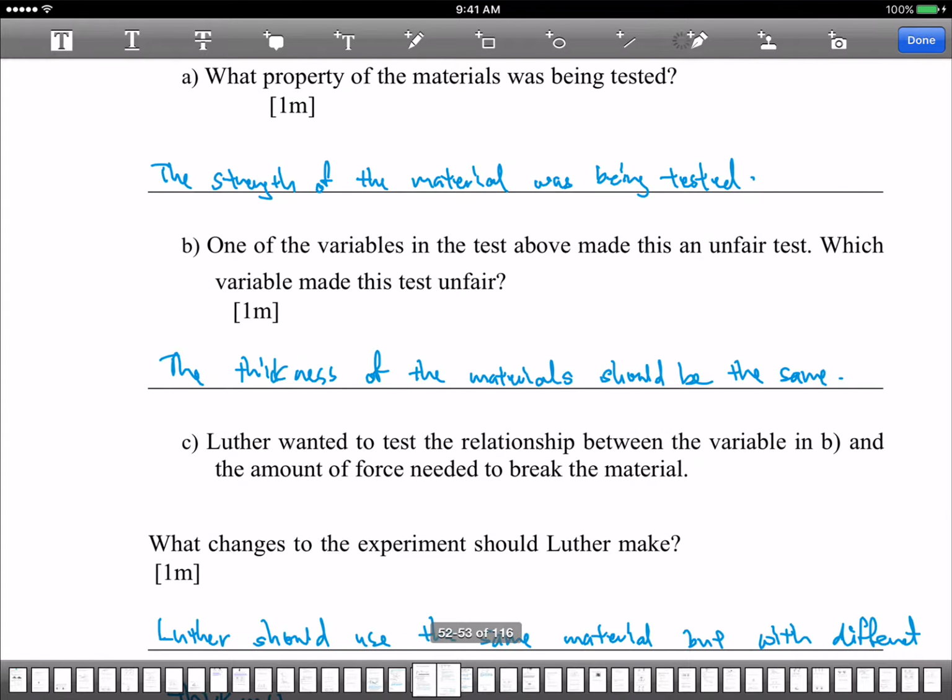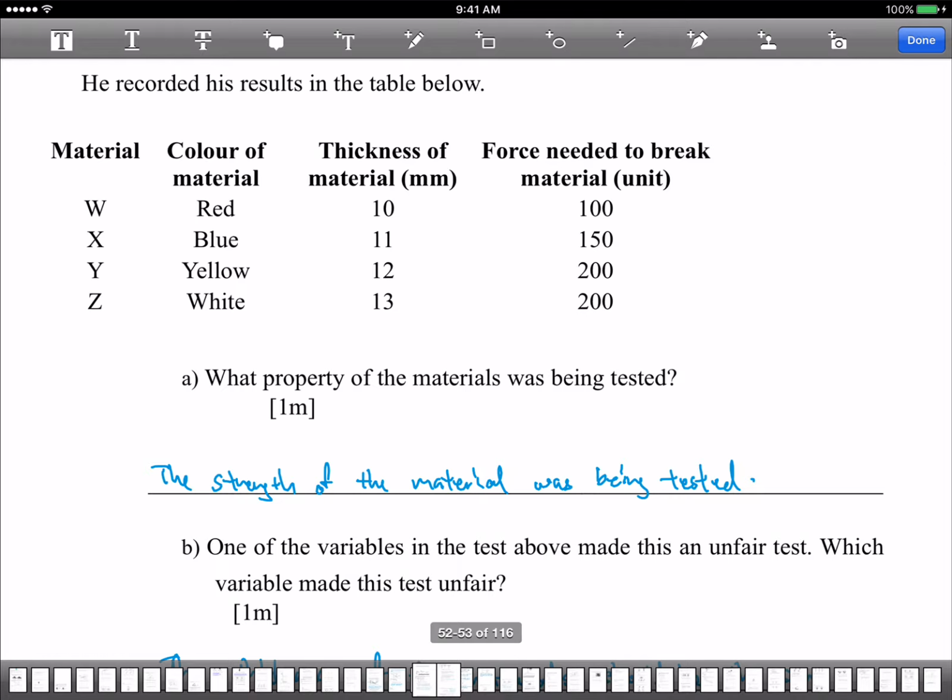So one of the variables is not fair. Which one is it? How come you want to test the strength? There's something wrong here. You shouldn't do this. When you're testing the strength of material, you did something wrong. Oh yeah, the thickness of the material. Correct, you're getting it already, right?